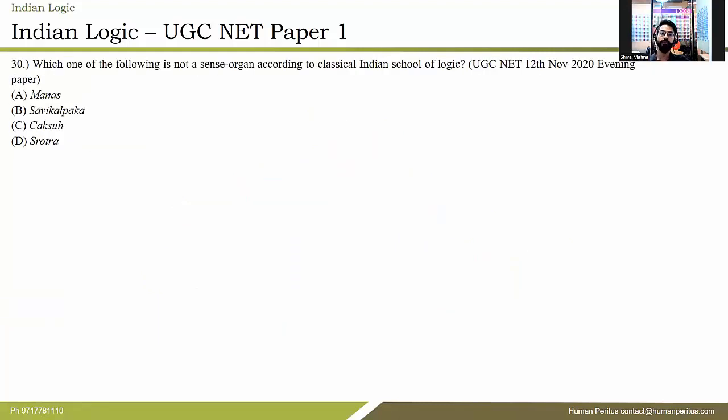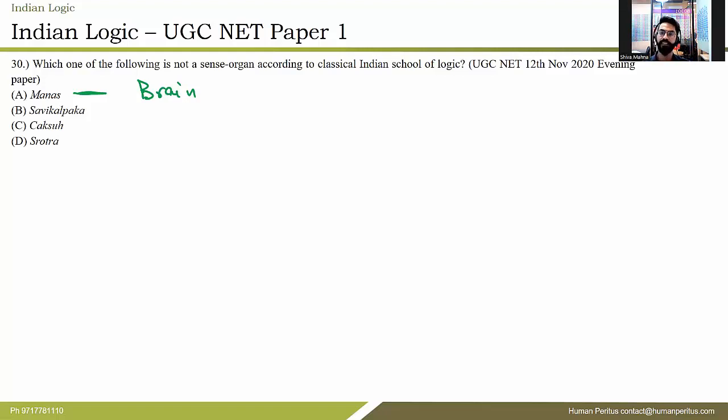Moving on to the next question, which one of the following is not a sense organ according to the classical Indian school of logic? Now, these are very Sanskrit words and based very deeply in the Indian philosophical system. Now, Manas means brain, and brain is the region which actually conceives all the relationships or all the signals which you get from your sense organs.